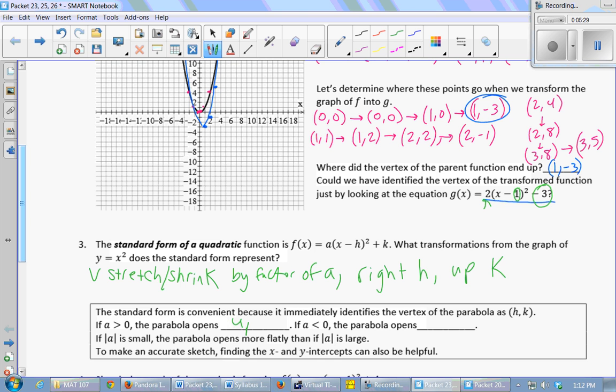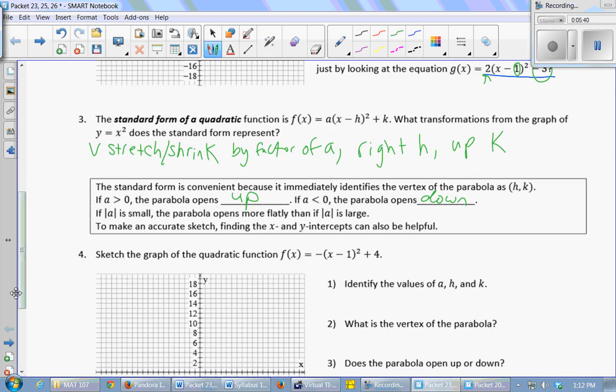But when a is negative, you reflect over the x-axis, and the parabola is going to open down. When a is a small number, the parabola opens more flatly than when a is large. When you're trying to sketch the graph of a quadratic, once you know the vertex and whether it opens up or down, it can be helpful to find the x and y intercepts.